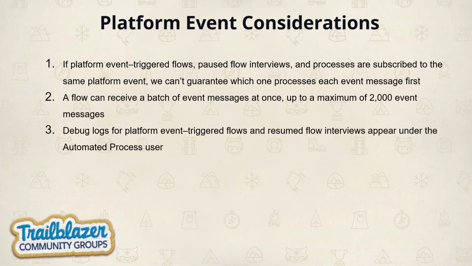First of all, debug logs for the platform event and trigger, that is, the triggered flow and resumed flow interviews, appear under the Automated Process user. You have lots of users, and if you want to execute the flow for a specific user, you can do that with the help of a permission set, or at the profile level, right?